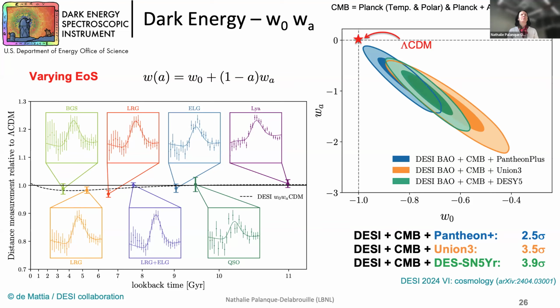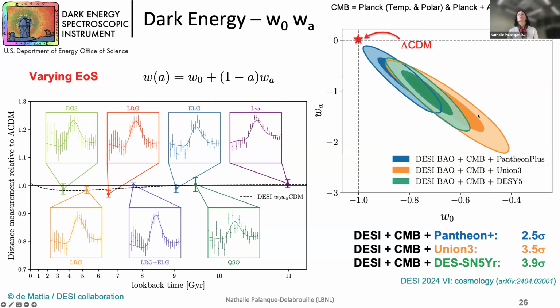And so here, what I'm showing is the best fit determination of W0 and Wa using the full combination of DESI BAO plus information from the cosmic microwave background, plus any of the 3 supernovae samples that are on the market today. We're being totally agnostic as to which one to use, and we're just plotting all 3 on the same plot.